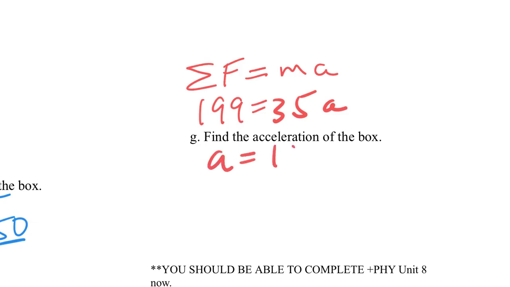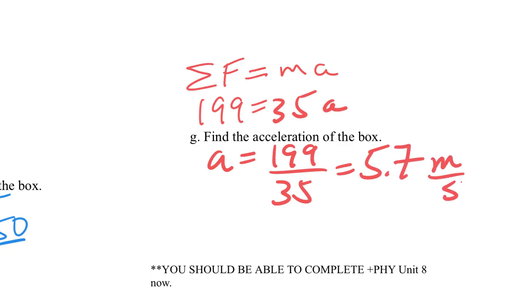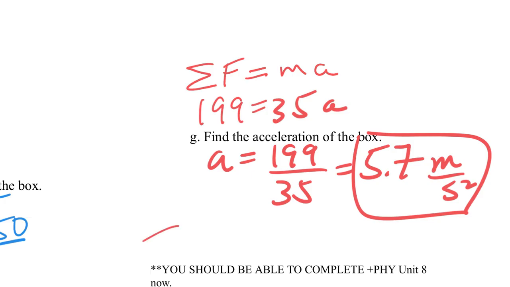So A equals 199 divided by 35. I'm getting 5.69. So 5.7 meters per second squared is my acceleration. Okay, so this will take you up to Positive Physics Unit 8. Okay, but don't forget, Unit 8 and Unit 9 are on the next test.